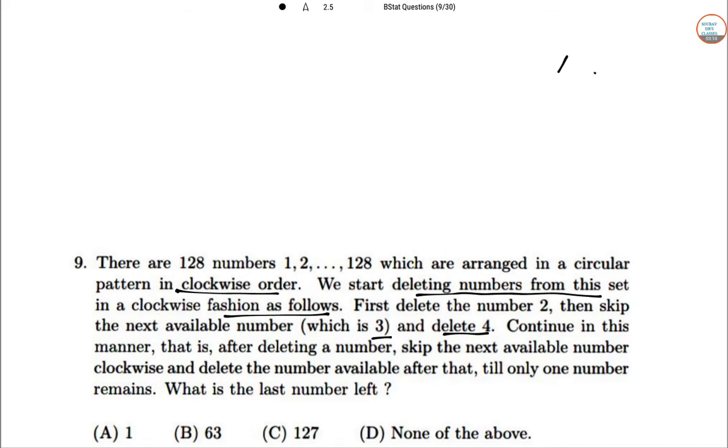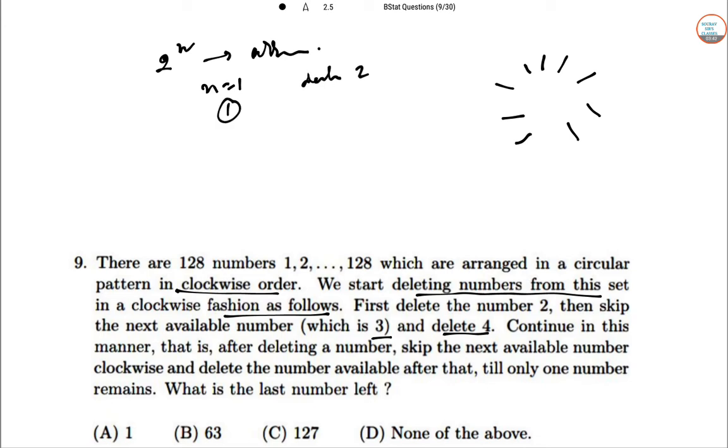It is a very important killing-the-soldiers type of pattern as well; we'll discuss it later. Continue in this manner, skipping the next available number and deleting the following one. What is the last number left? For 2 to the power n numbers arranged in clockwise order, if n equal to 1, we delete 2 and the only number remaining will be 1. So 1 kills 2.